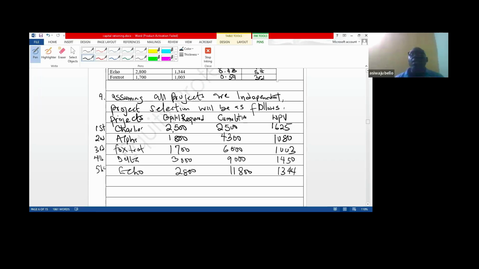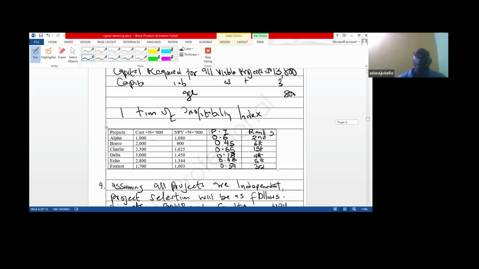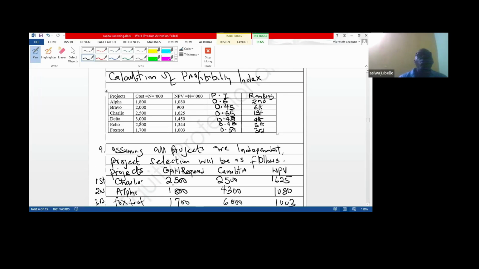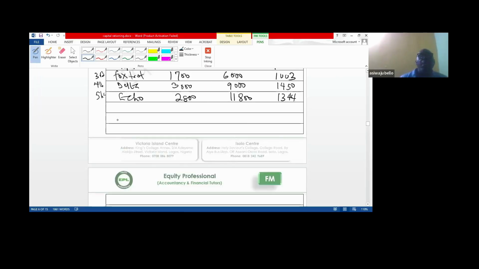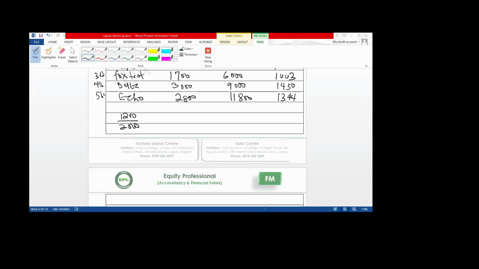We can accept 1,200 over 2,000. What is the percentage? 1,200 divided by 2,000 is 0.6. That is 60%.